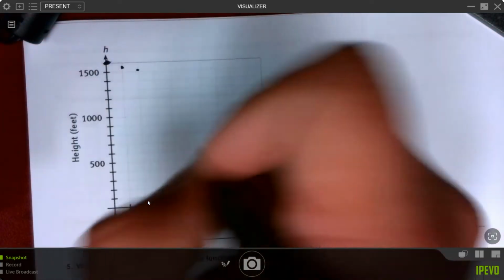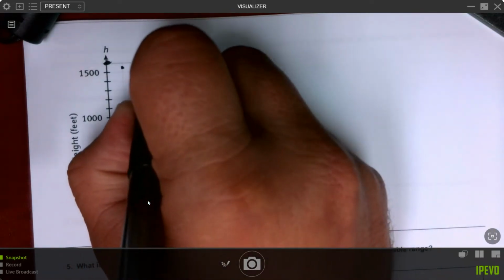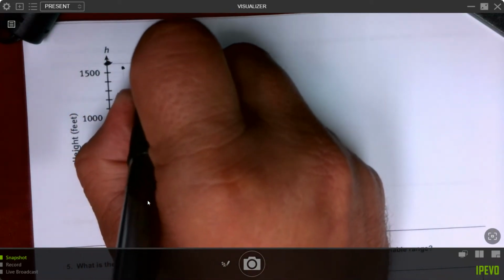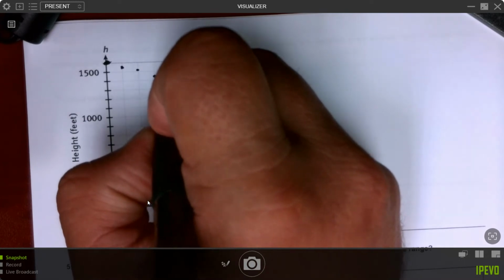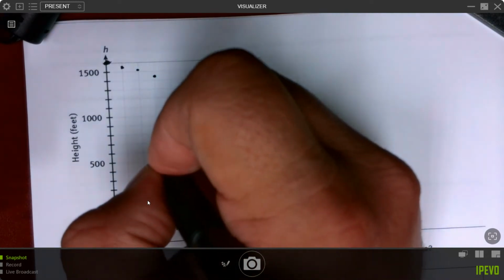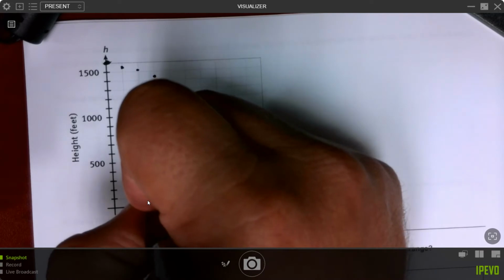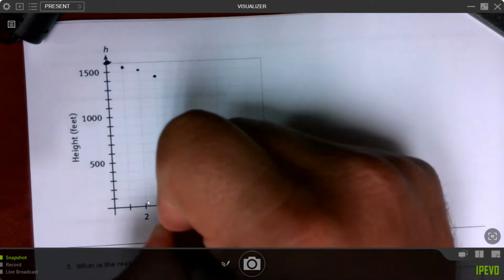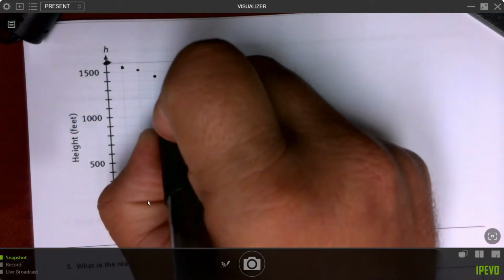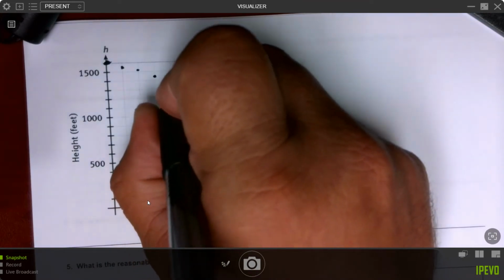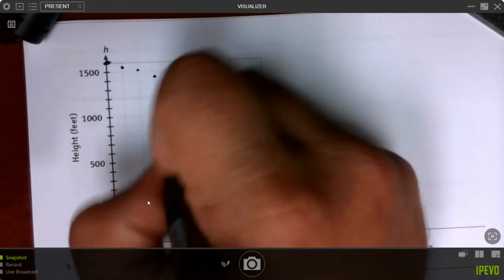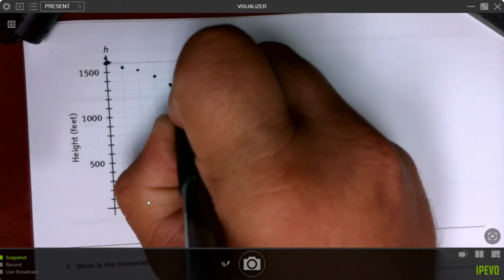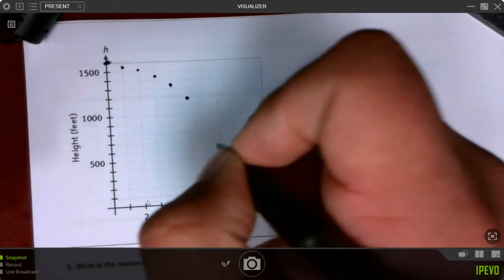At 3 seconds, we're at 1,456. At 4 seconds, 1,344. At 5 seconds, we're exactly at 1,200.